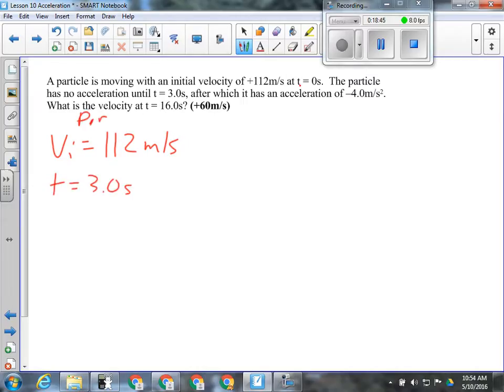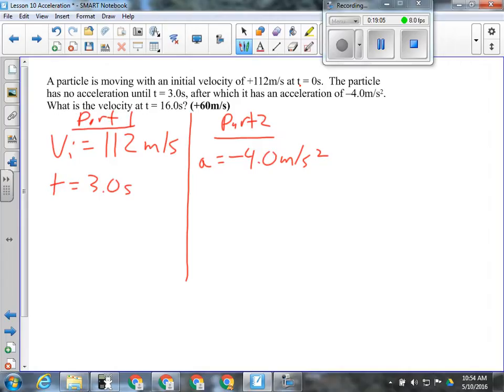That means this has more than one part to it. They're describing a part where it first travels at a constant speed and then does something else, after which it has an acceleration of -4 meters per second. So in part 2, its acceleration is going to be -4.0 meters per second squared. And it's asking us, what's the velocity at time 16 seconds?